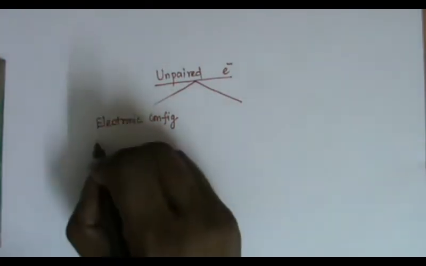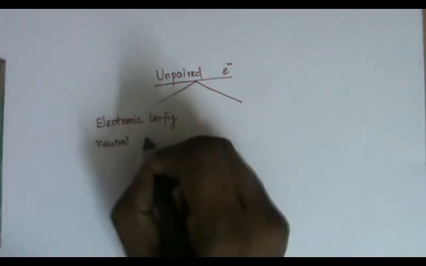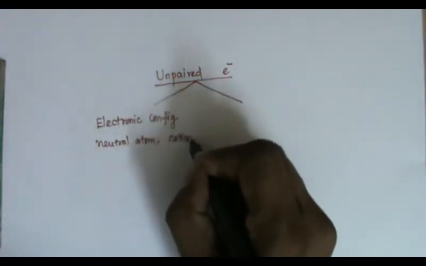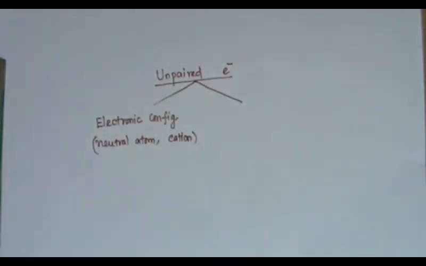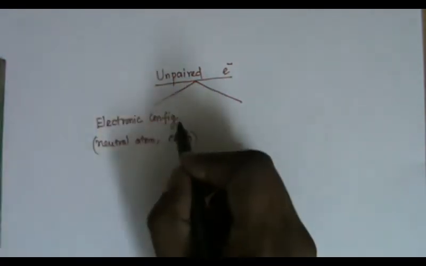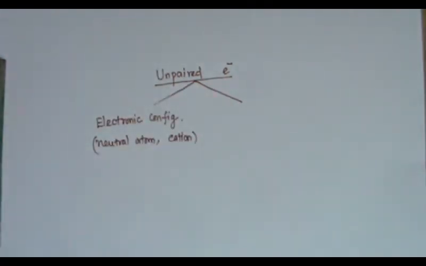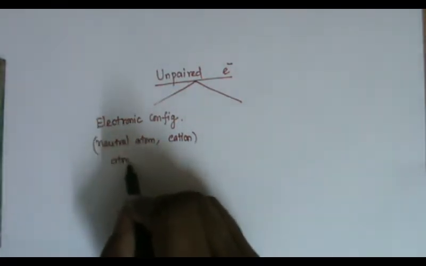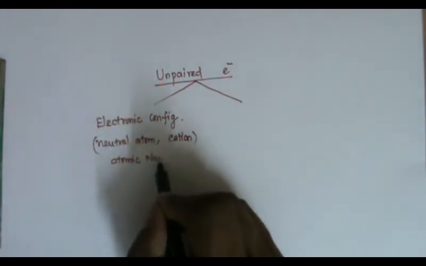It may be a neutral atom or a cation. Whatever it may be, you should be able to predict the electronic configuration of that metal atom. For that, if you know the atomic number, it will be easy.